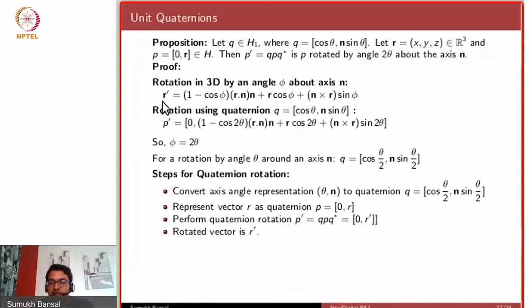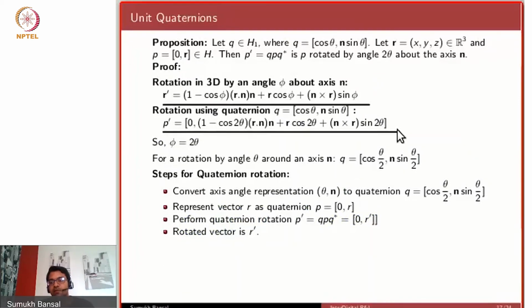So this is the output we get from the first case, and this is the output we get from the quaternion multiplication. If you take a close look, it is not difficult to find that phi is equal to 2 theta. Everything else is the same. The angle of rotation is twice theta.